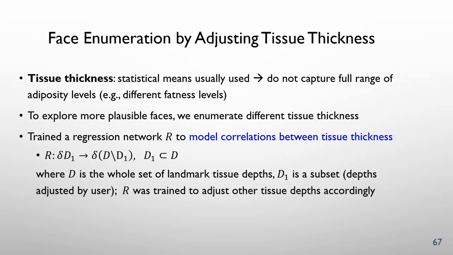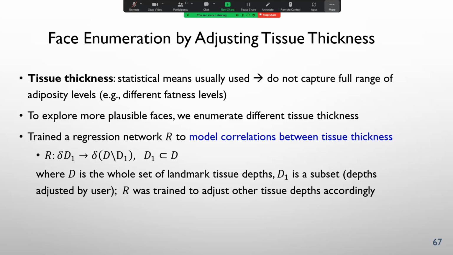In order to explore different plausible faces, we also enumerate different tissue thicknesses, so that users can see different types of faces under different fatness levels. To do this, we train a regression network, which we call R, to model the correlations between tissue thicknesses on different landmarks.